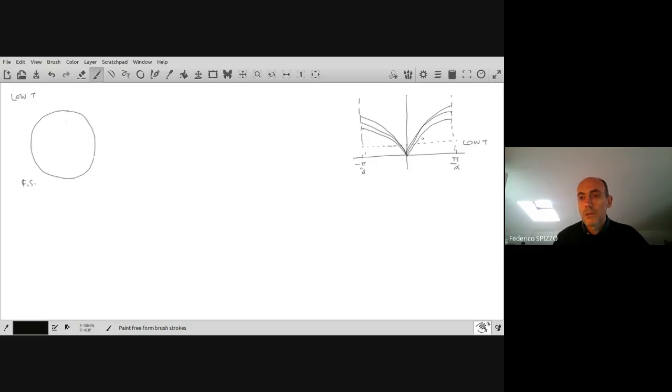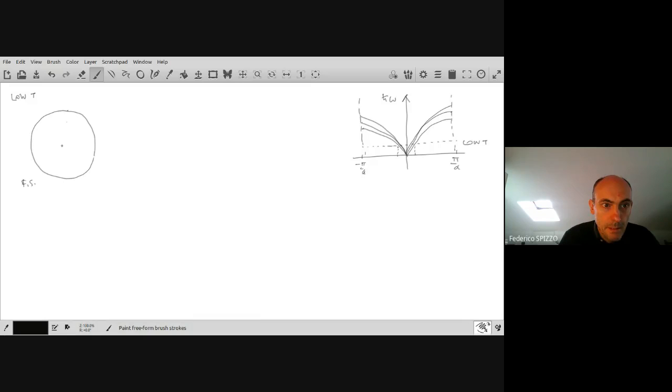In this picture, in the low temperature regime, the energy of the phonons is low, lower than the maximum value that you have here close to the border of the zone. Due to that, both the value of the energy and the value of the wave vector that may be associated to one of those phonons are low.